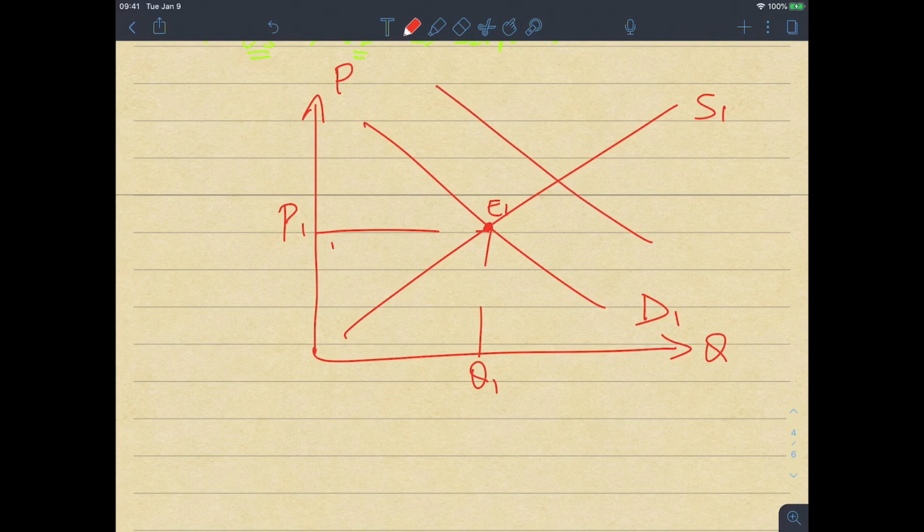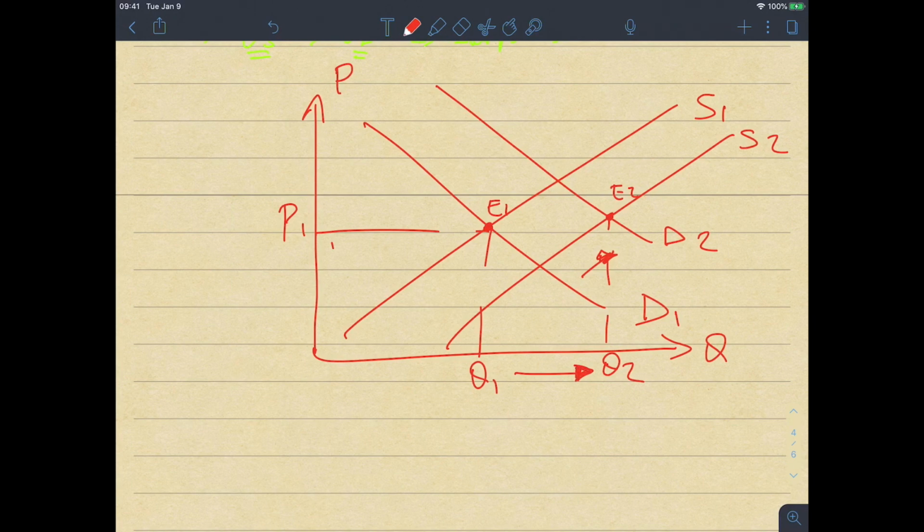And then demand is shifting from D1 to D2, and the supply is shifting from S1 to S2, because the question is asking us what happens to the price and the quantity when both curves shift to the right, or both curves increase. So in this case, it's really obvious that the quantity is increasing.